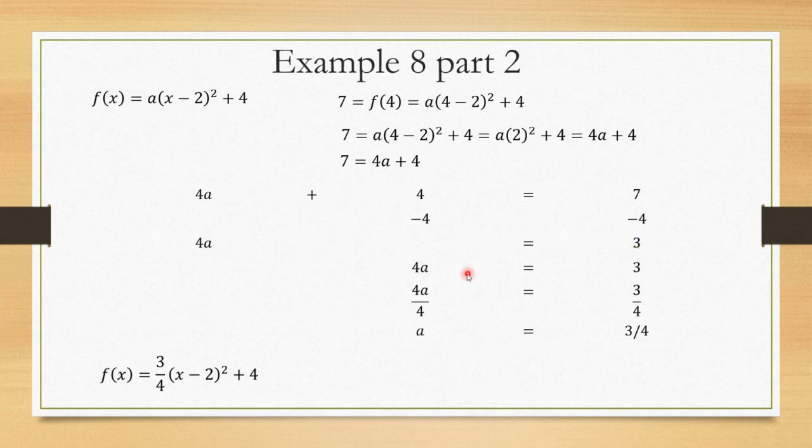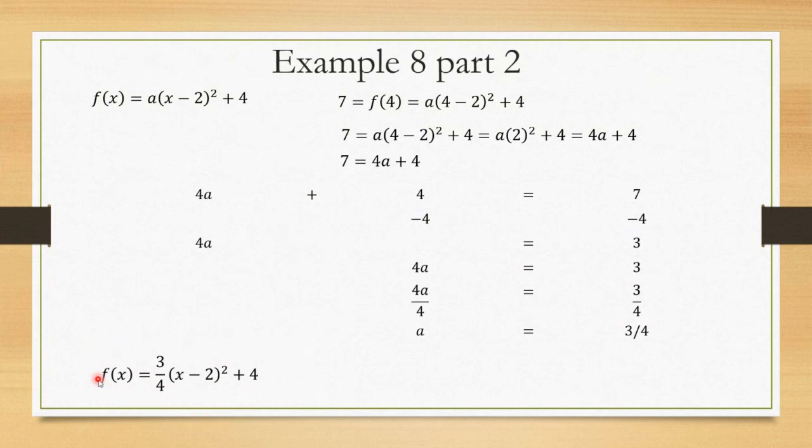But we want a, we don't want 4a, so we divide by 4. When we divide by 4, the 4's cancel, we get a. Here we get 3/4, so a is 3/4. Thus, we have what our a is, and we know what f of x is.